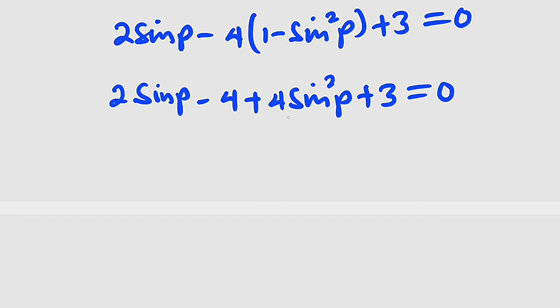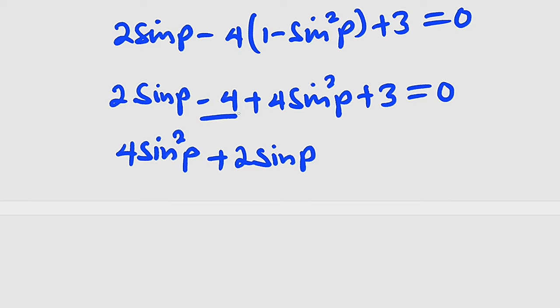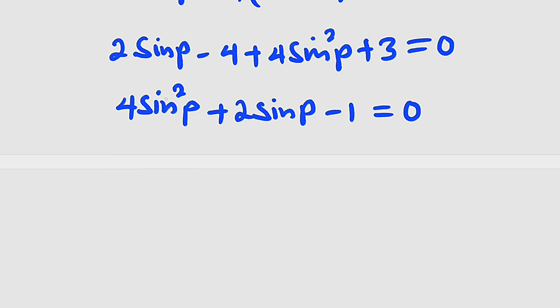Now let us rearrange this equation by writing the leading term first. We have 4 sine squared p, plus 2 sine p, then lastly negative 4 plus 3, which is negative 1. The whole of this equals 0. So just assume that sine p is a variable, just like 4x squared plus 2x minus 1. Using the general formula, sine p is equal to minus b, and b is the coefficient of sine p, which is 2.